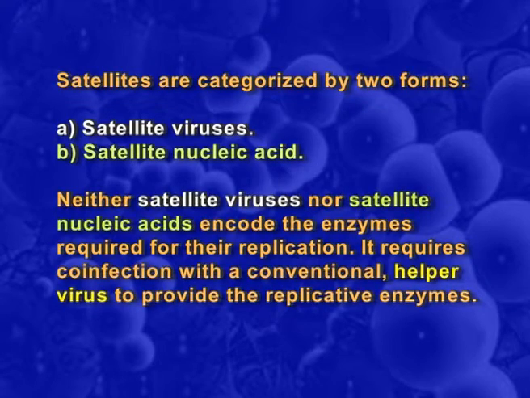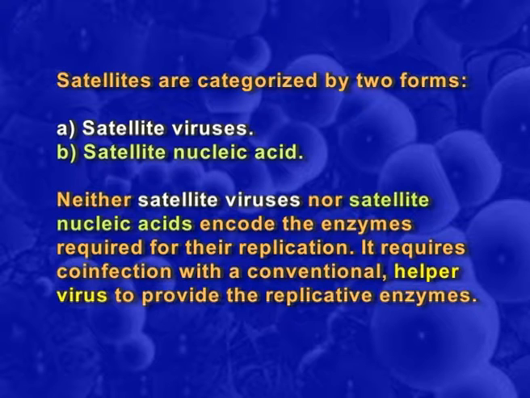Next we will be discussing satellite viruses. Satellite agents are of two types: satellite viruses and satellite nucleic acids. One common feature was that they were unable to synthesize the proteins or enzymes responsible for the replication of their genomes.